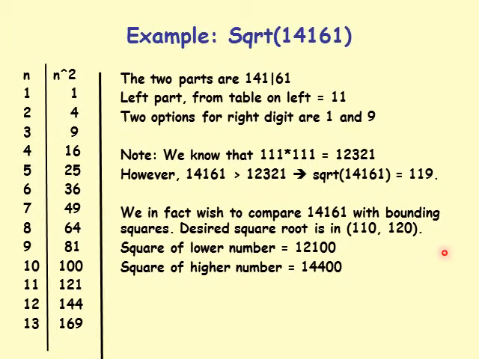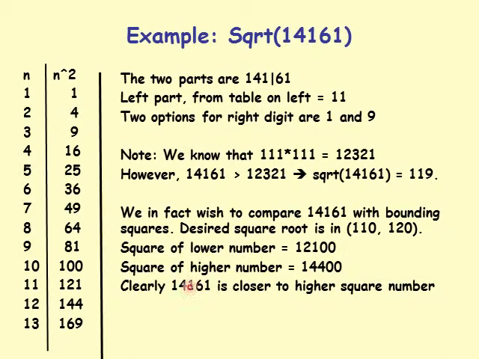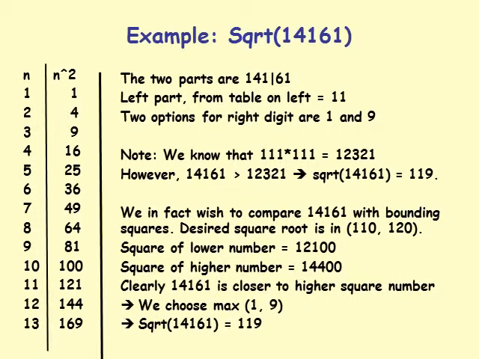The square of the higher number is 14400, and clearly 14161 is closer to the larger number, the higher square number. So that means we choose the larger of 1 and 9, which is 9. So the square root of 14161 is 119.